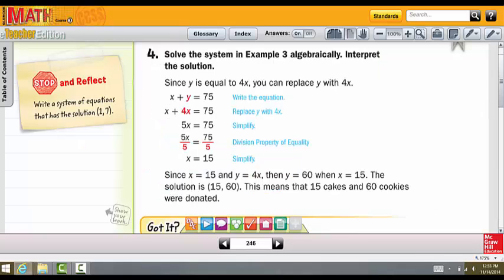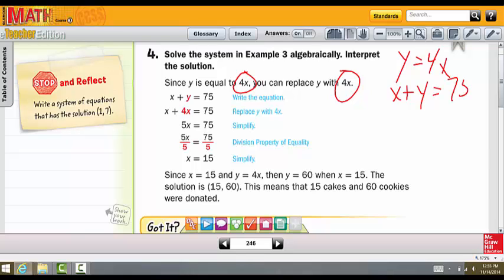Okay, now we're being asked in problem number 4 to solve that system of equations algebraically and then interpret the solution. Since y is equal to 4x, you can replace y with 4x. So our original equations, let me write these down up here so you see these: y equals 4x, and our second equation was x plus y equals 75.